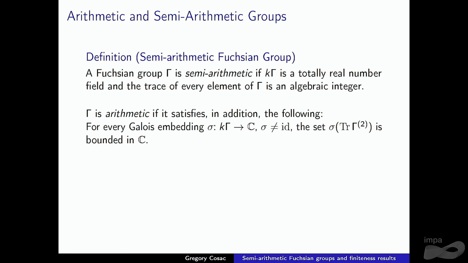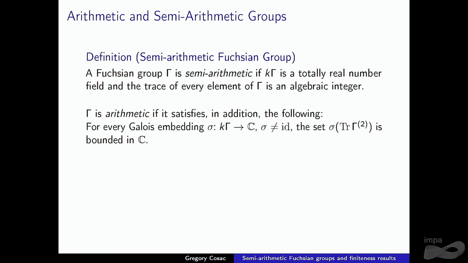So for those of you who already know this definition of arithmeticity for Fuchsian groups, it might not seem too crazy, since we're trying to define a broader class of groups, so we just cross out this one requirement and we obtain something that's weaker, as the name suggests, semi-arithmeticity, right?